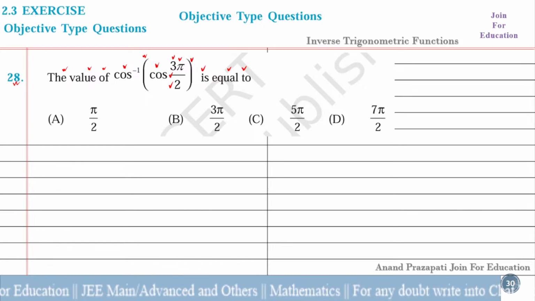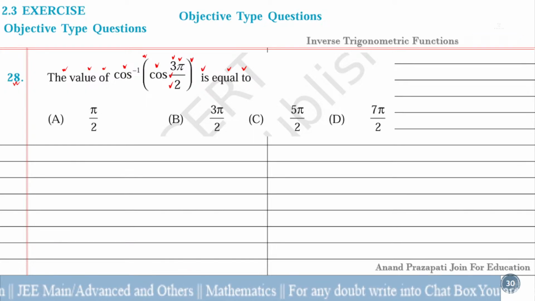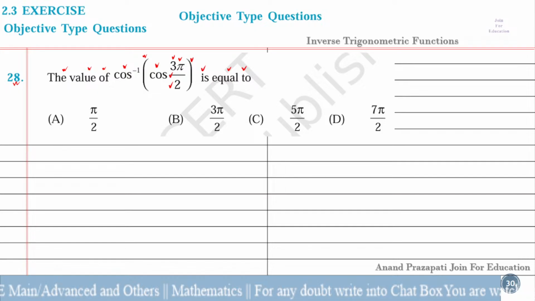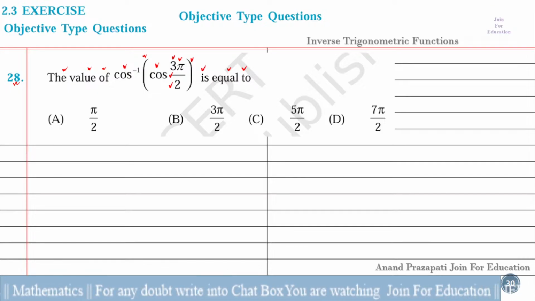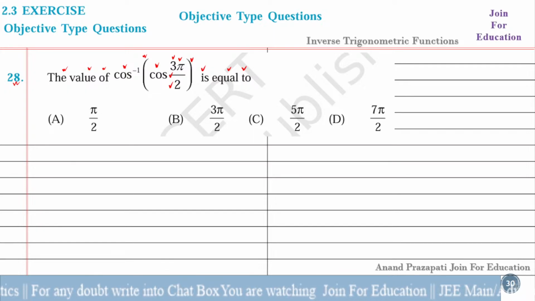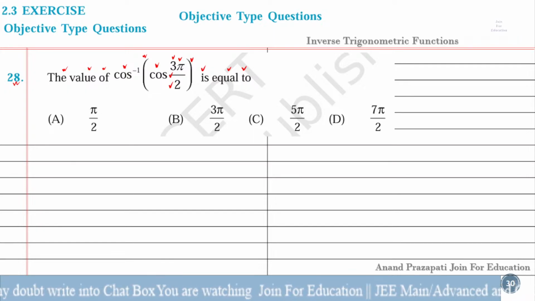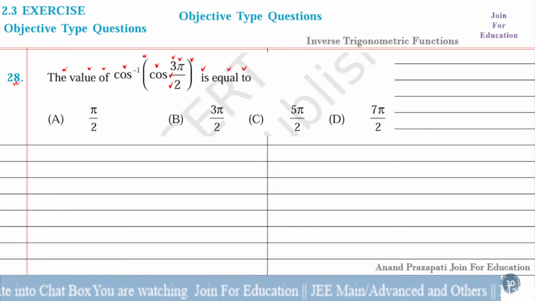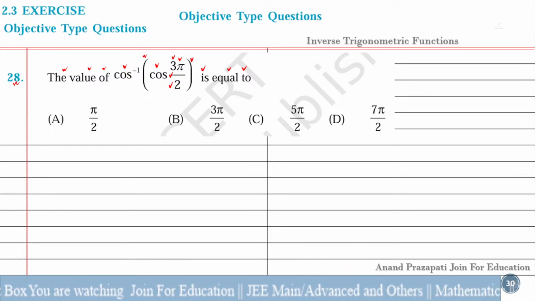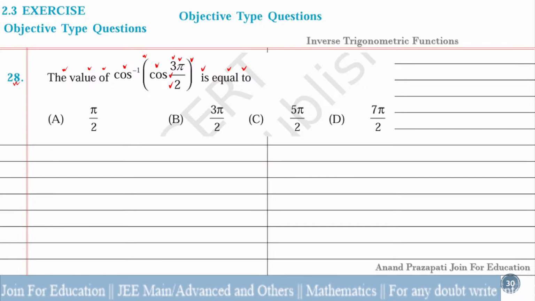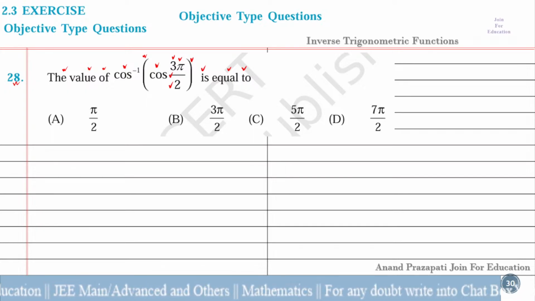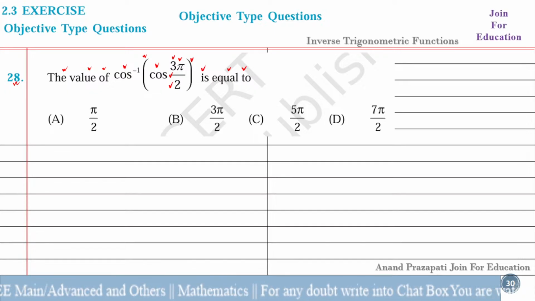So here cos inverse cos 3 pi by 2 not equal to 3 pi by 2 because domain of cos theta is 0 to pi and 3 pi by 2 does not belong to 0 to pi. So let's see the solution. After the solution, I will pick out the correct option.